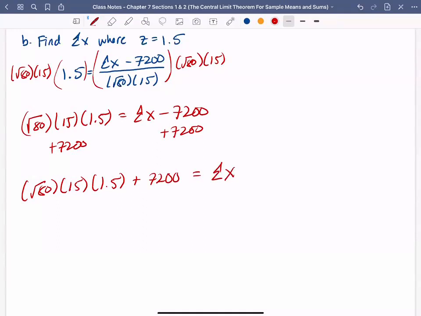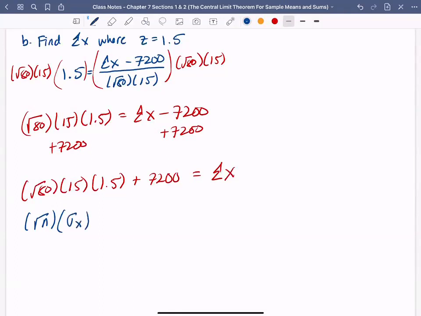Before I put this in the calculator, let's talk about, if you're looking for your data point, what are you actually doing? Do I have to put it into this formula every time and then manipulate it? No. Let me show you. The square root of 80, if you recall, 80 was our sample size, so we have the square root of n. 15 was our standard deviation for x.